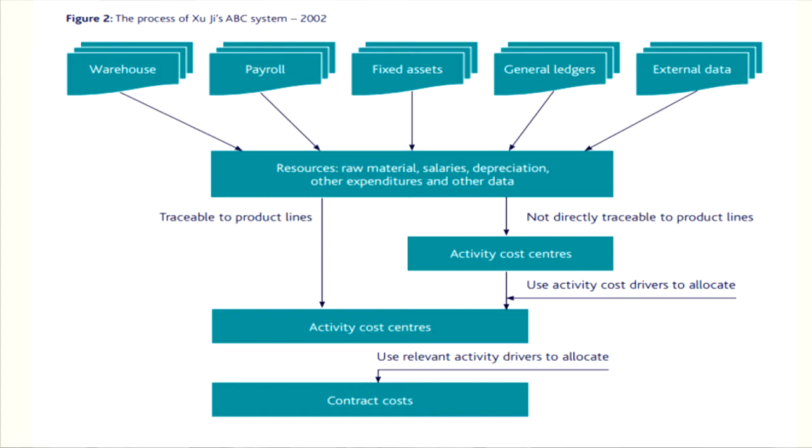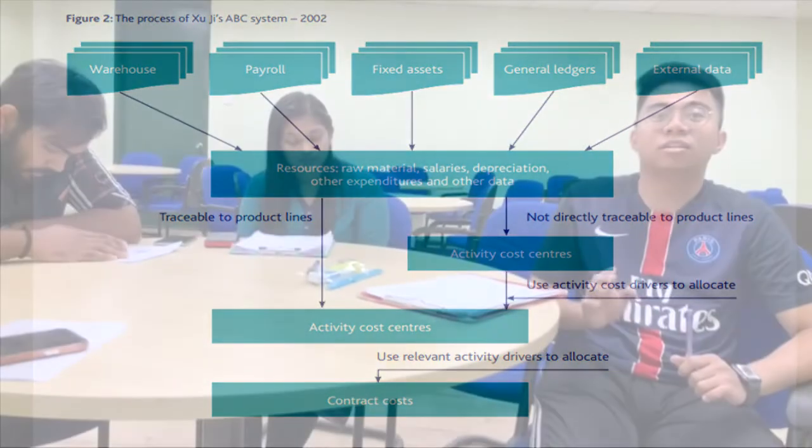After that, they allocate the direct labor and direct material to the activity cost centers, and the other overhead costs that are not directly traceable to the product line are allocated to the activity cost centers using activity cost drivers. In the end, after allocating all the costs, they allocate to the contract center.